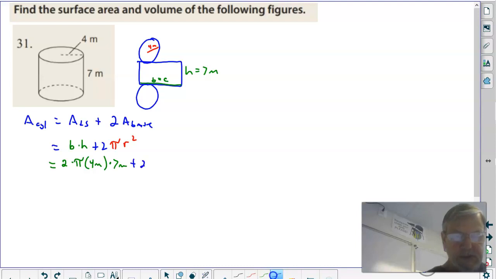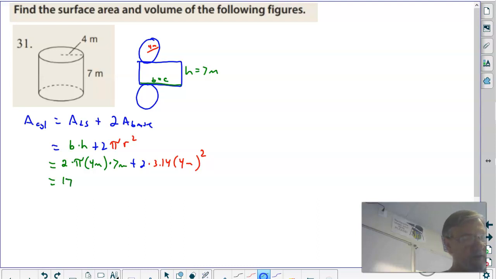All right, and then plus 2. I'm going to use my pi button. I'll use 3.14, why not? And then the radius again is 4 meters, and we have to square that. All right, let me keep these separate. So 2 times 3.14, and you can use your pi button, and that's fine. You might be off by a couple tenths, and that's not a problem, times 7.